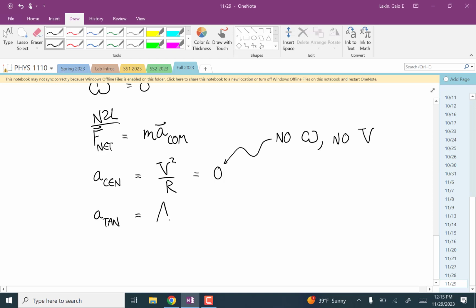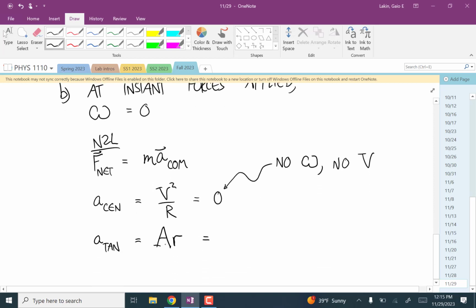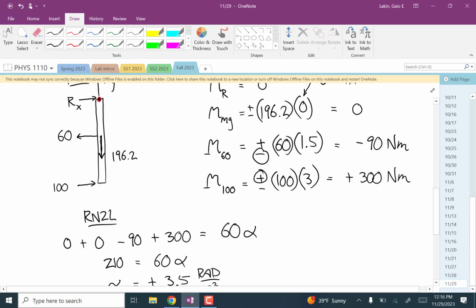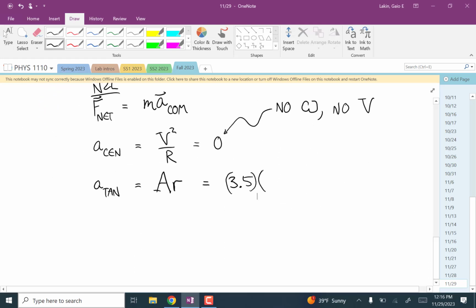That's equal to the absolute value of the angular acceleration times the radius of that circle. The absolute value of the angular acceleration we got was 3.5. What's the distance from the axis, the hinge, to this point that we want? 1.5. And so this is 5.25, I think.